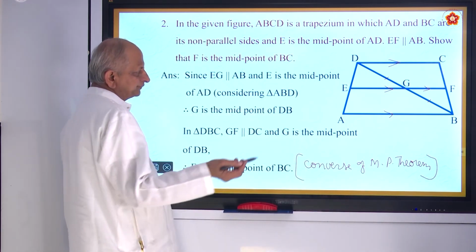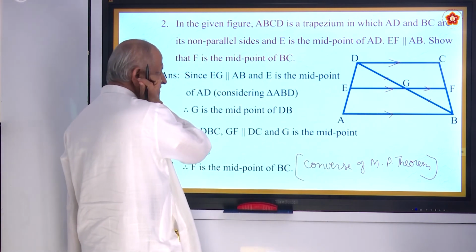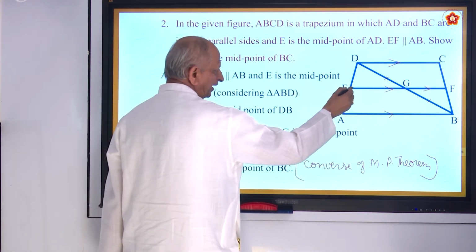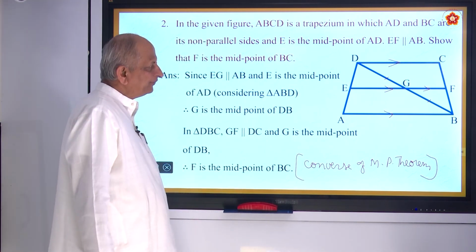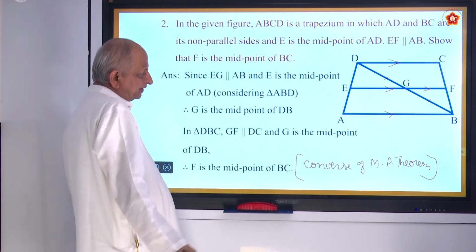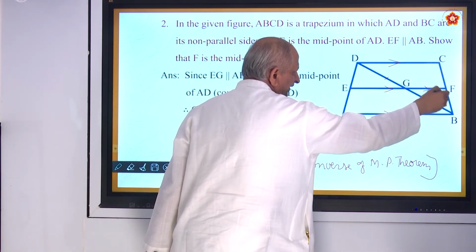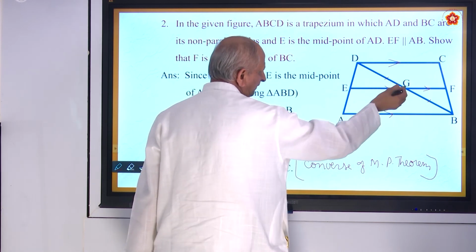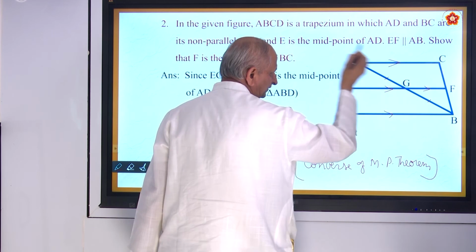Once again, here EG is drawn parallel to AB, and therefore if E is a midpoint, G also is a midpoint of BD. Now in this triangle BCD, G is the midpoint and a line is drawn parallel to the base. This becomes base.